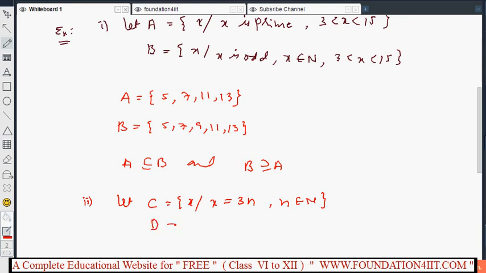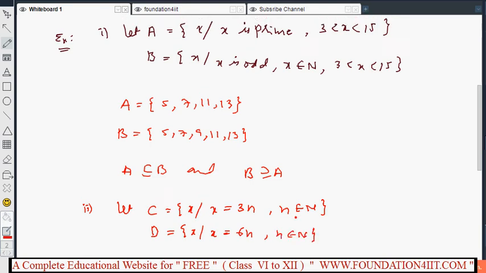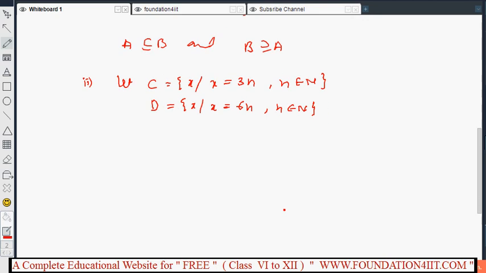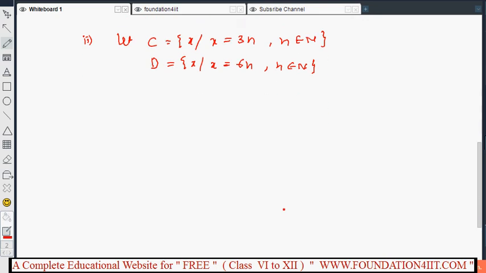Set D is X such that X is equal to 6n, where n belongs to the natural numbers. These two are infinite sets only, even though we can convert them into roster form.